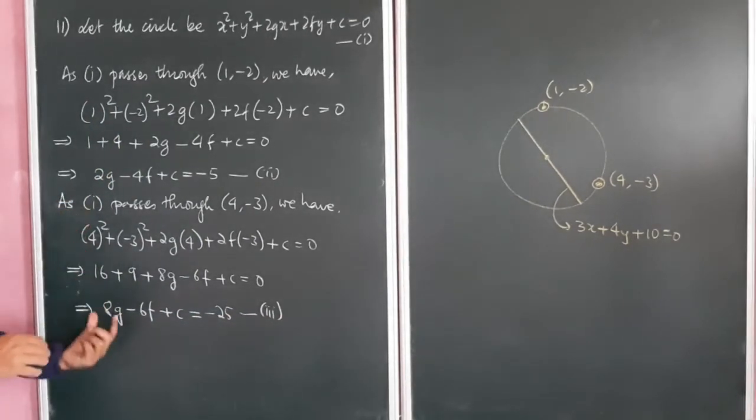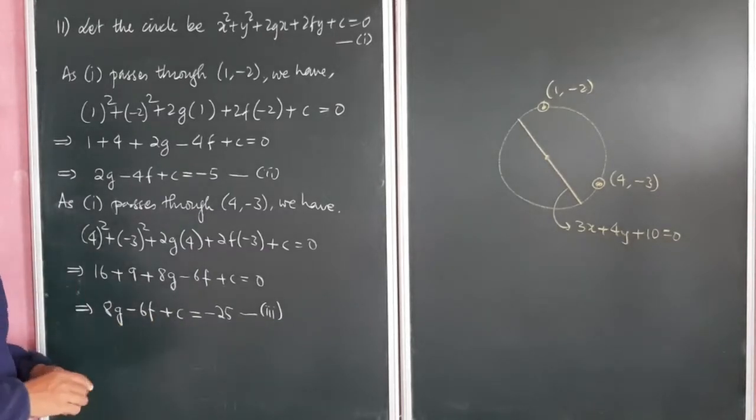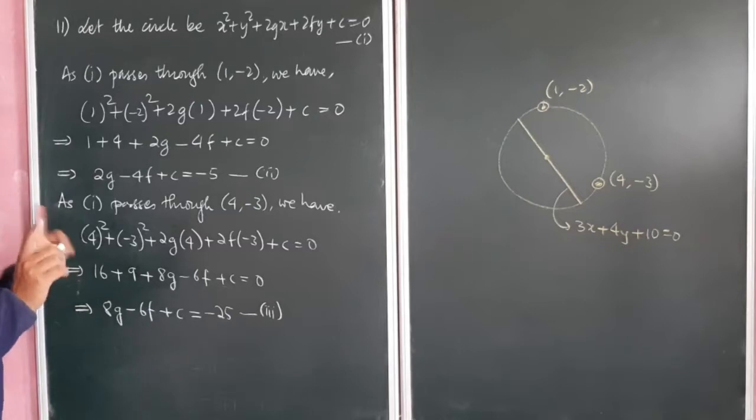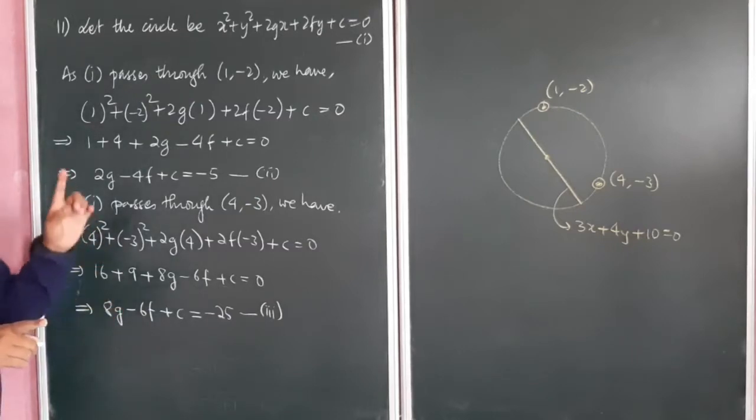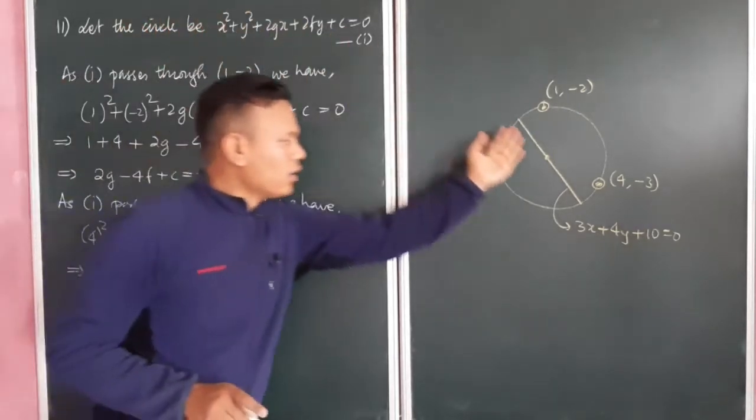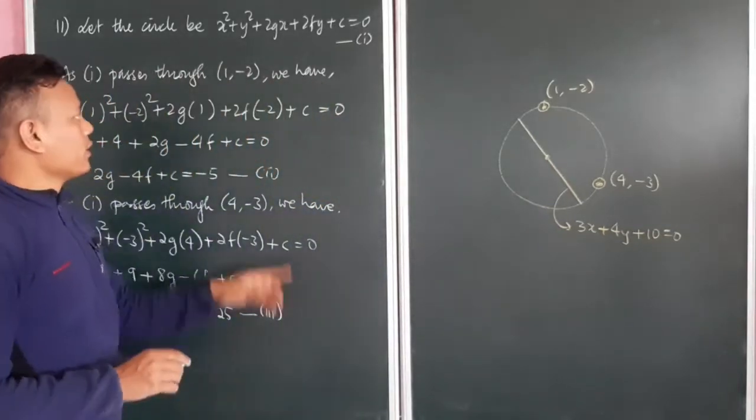In the same way I arrived at the equation with g, f and c as the variables. Now the next thing that is given to us is that the center of this circle lies on this line. What is the center?